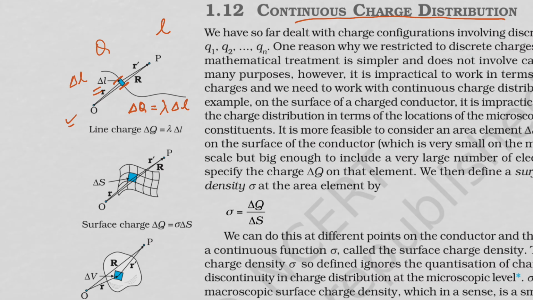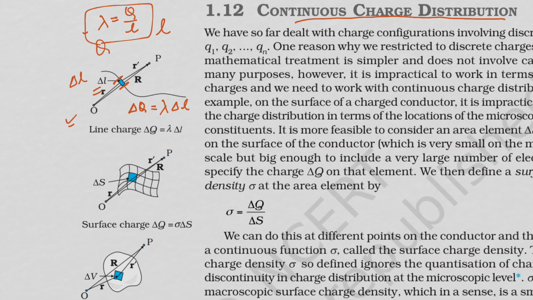And what is lambda here? Lambda is actually the charge distribution, total charge by total length. That ratio is lambda: charge distributed over the length L.